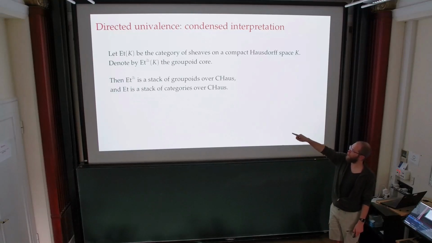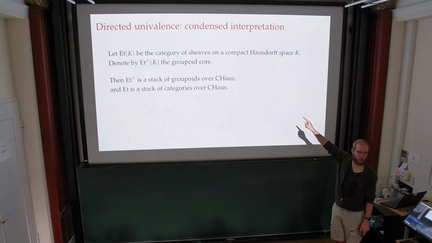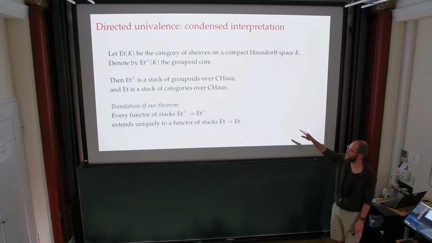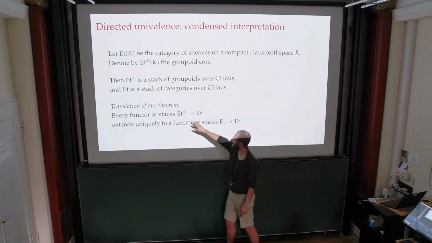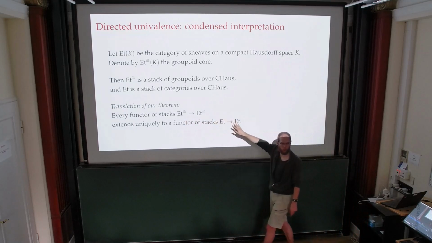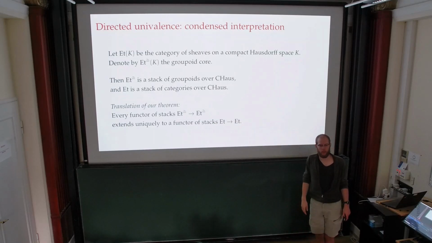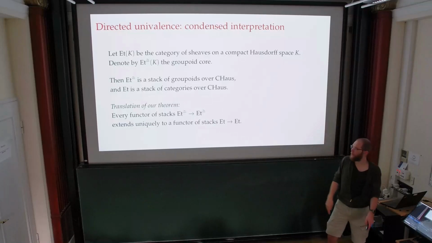So the groupoid core is going to be a stack of groupoids over the category CHaus, and ET is going to be a stack of categories over CHaus, and then our theorem says every functor of stacks between the groupoid cores extends uniquely to a functor of stacks, period. Okay.